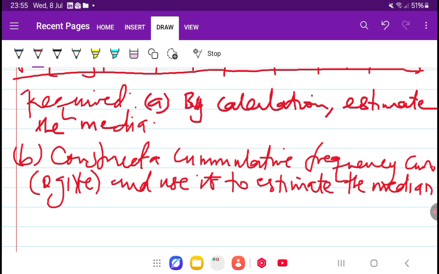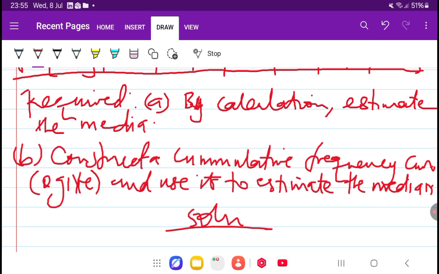I explained to you how you can use the ogive to estimate the median.